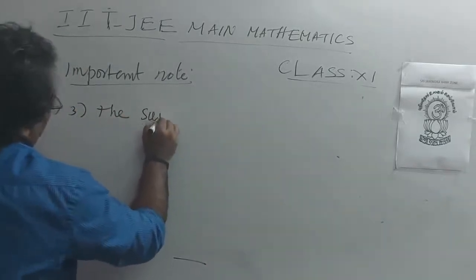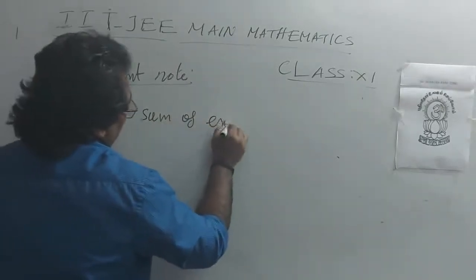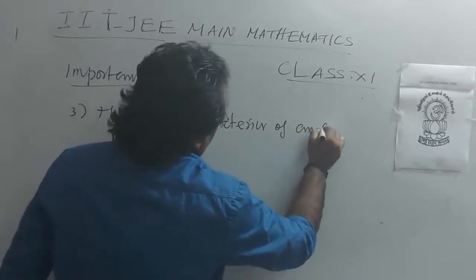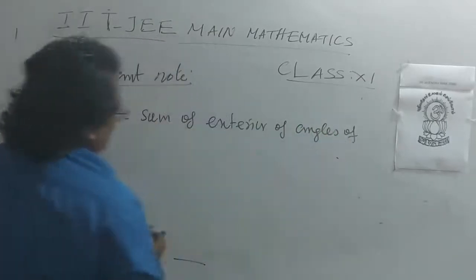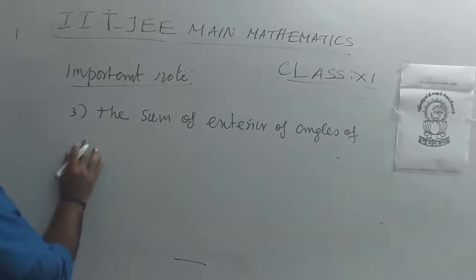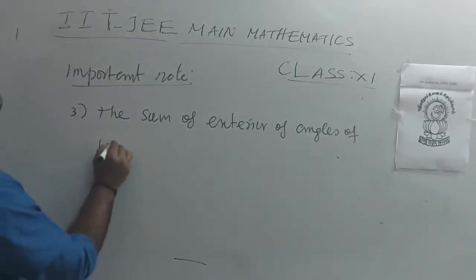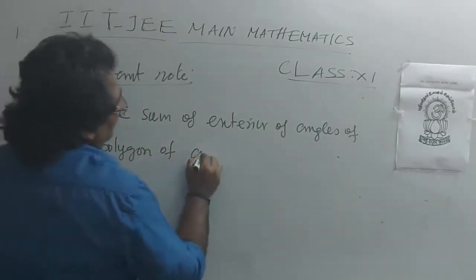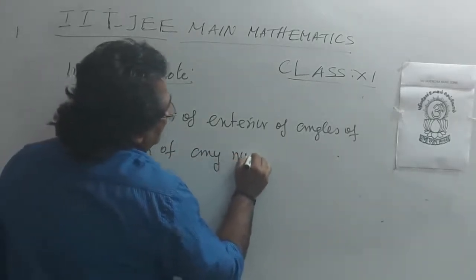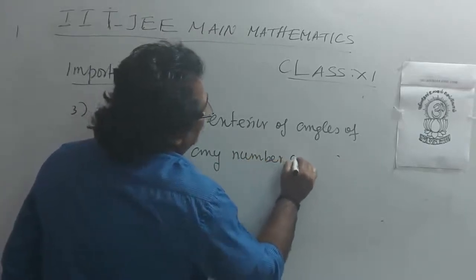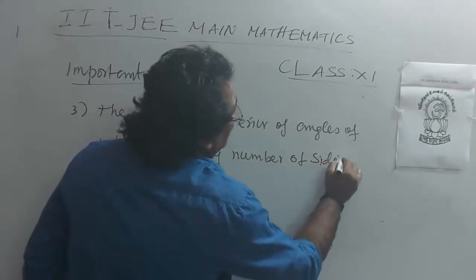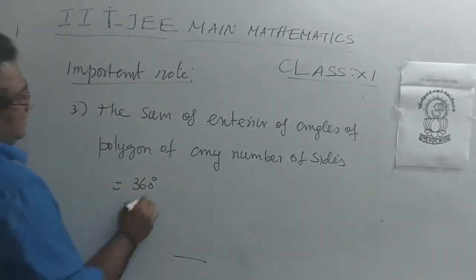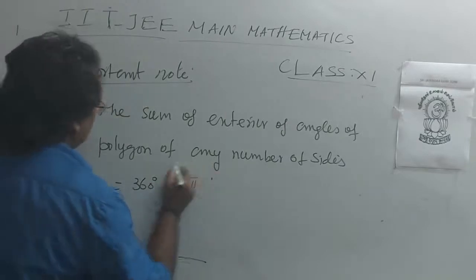The sum of exterior angles of a polygon of any number of sides equals 360 degree, that is 2 pi.